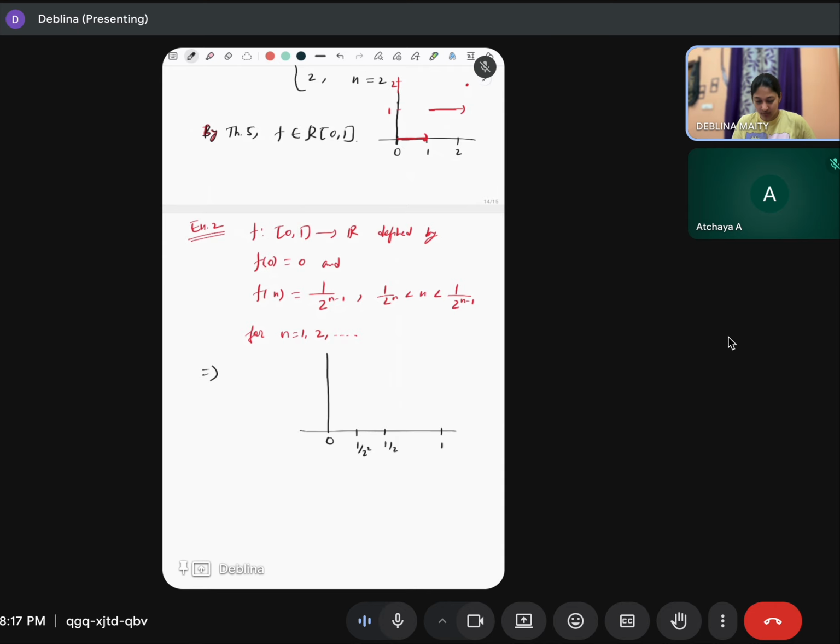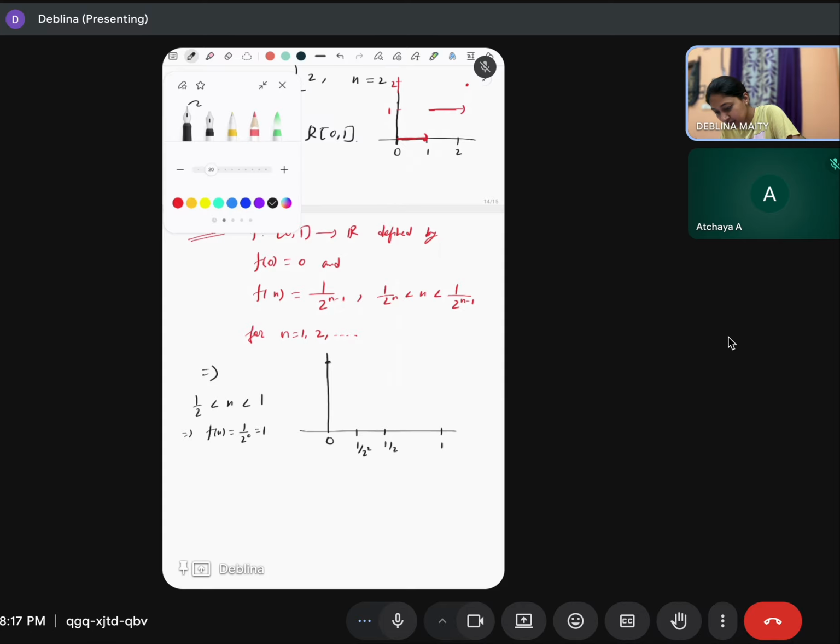So when x lies between half and 1, we have f(x) equals 1 by 2 to the power n minus 1, that is 1, right? So in half to 1, it is 1.